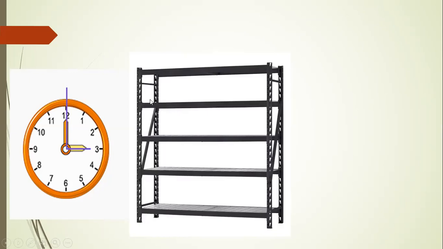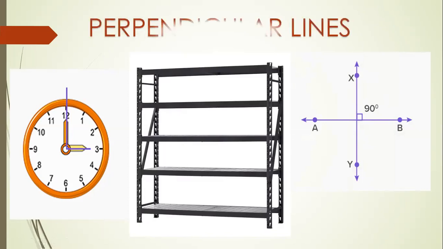This angle is called 90 degrees. So when two lines make 90 degrees or a right angle with each other, they are called perpendicular lines. The representation of perpendicular lines is this. So line AB and line XY are perpendicular to each other, that is, they are making 90 degrees with each other.